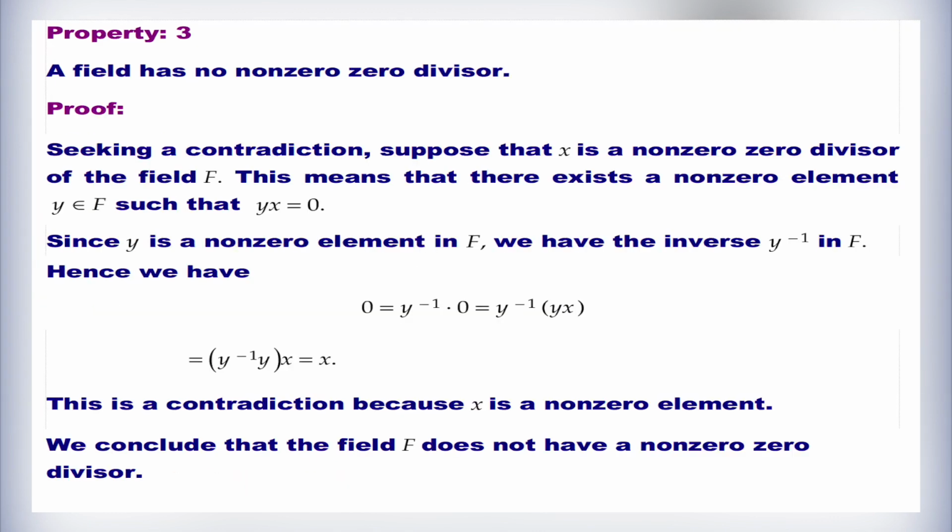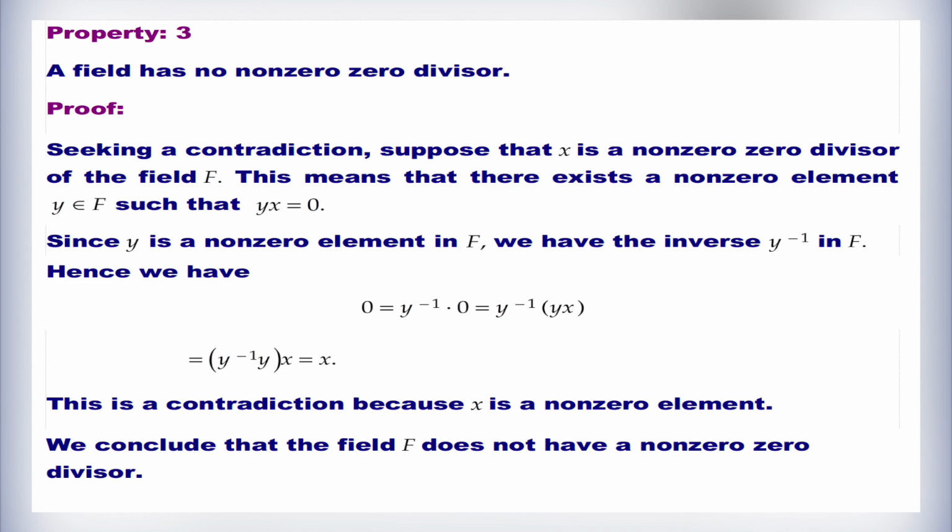Third property is, a field has no non-zero zero divisor. Proof is, seeking a contradiction, suppose that x is a non-zero zero divisor of the field F. This means that there exists a non-zero element y in F such that yx equals 0.